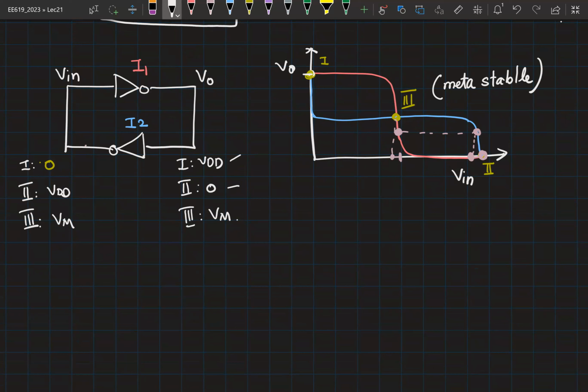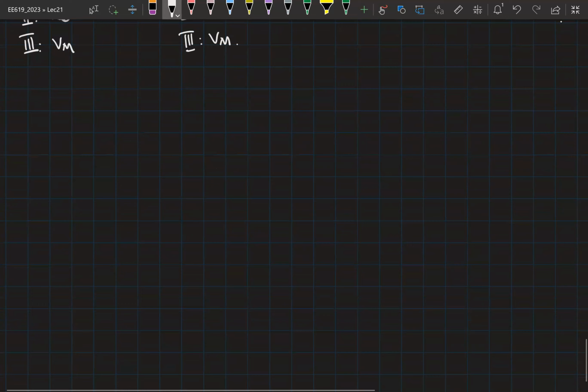So now let us talk about what happens if we start cascading multiple latches. I'm going to use the simplest example of a latch as a mux, and I'm going to cascade 2 latches. You can tell me what is the functionality.